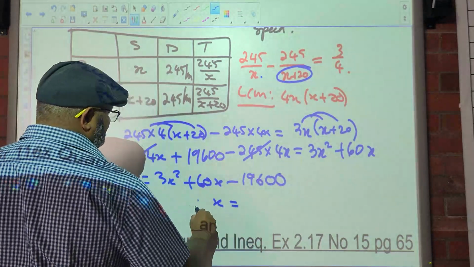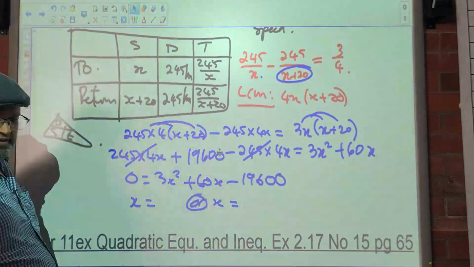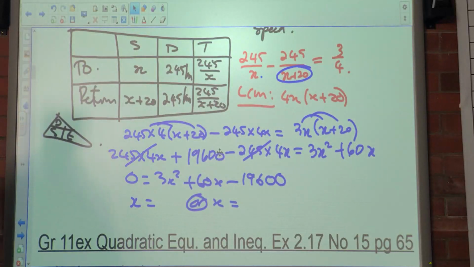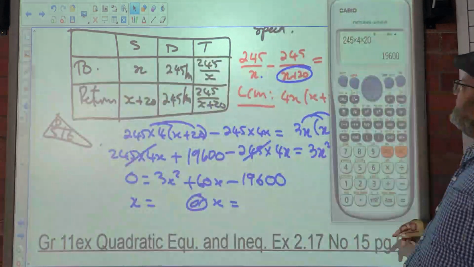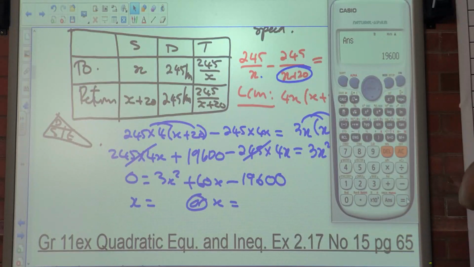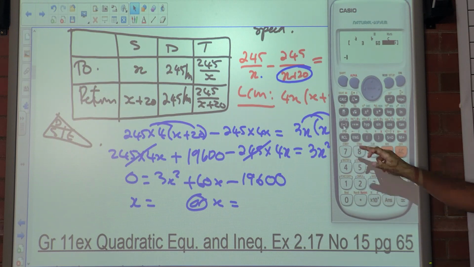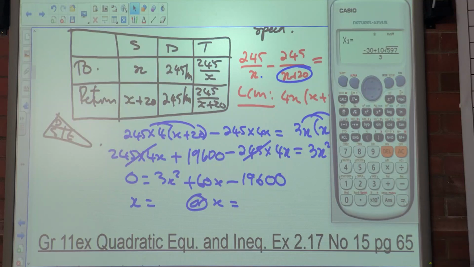So it's quadratic. I'm going to do it either using the quadratic formula or my calculator. I'm going to use the calculator feature. Remember, this is the last answer calculated. There's going to be 3, equals, 60, equals, and the answer was positive but is negative now.